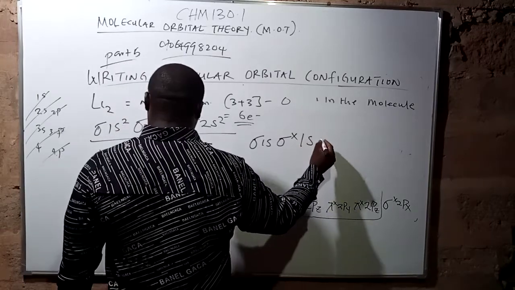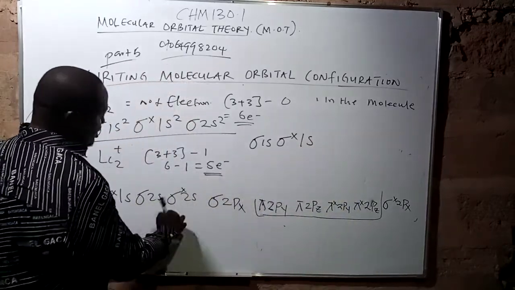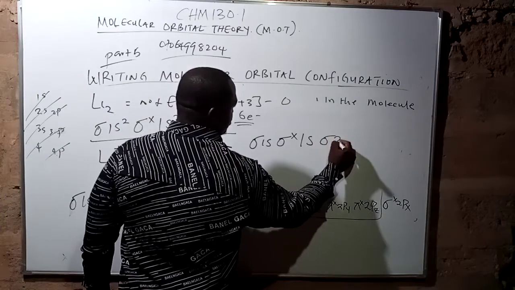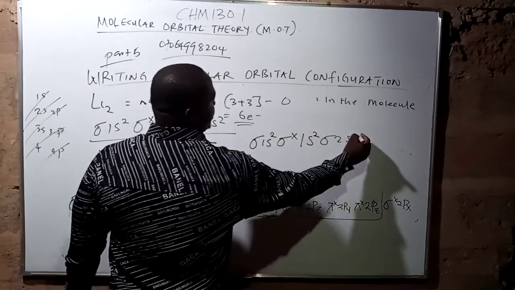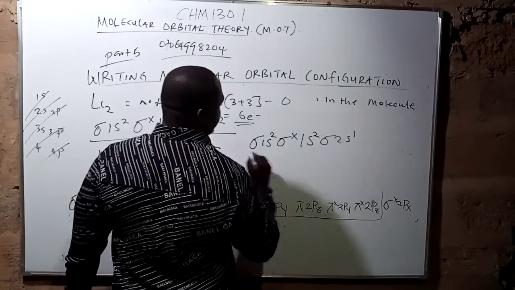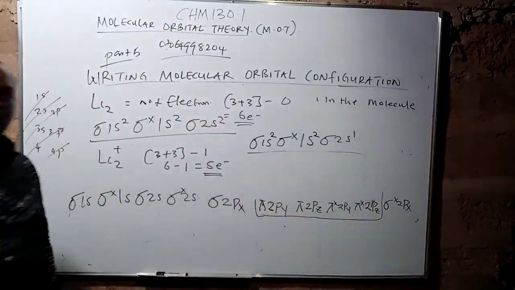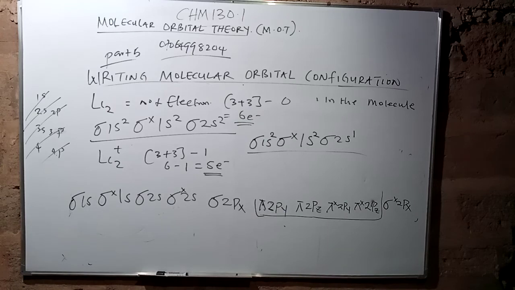The next thing is look at our standard, then sigma 2s. Then you now start putting 2, 2, is 5 electrons. That means here must end with 1. So this is the answer for this one. Can you see that the thing is so easy?